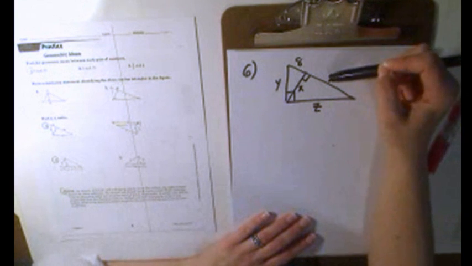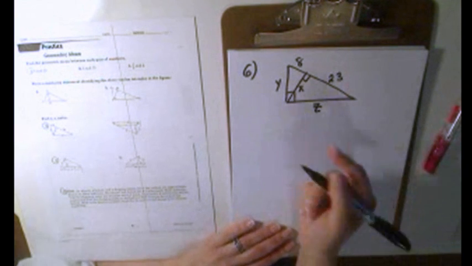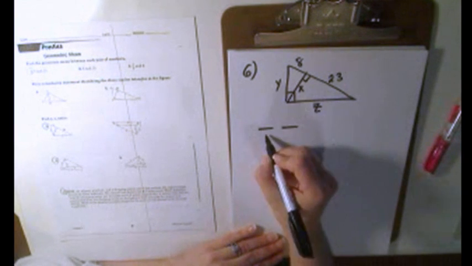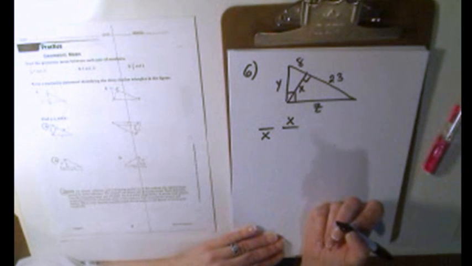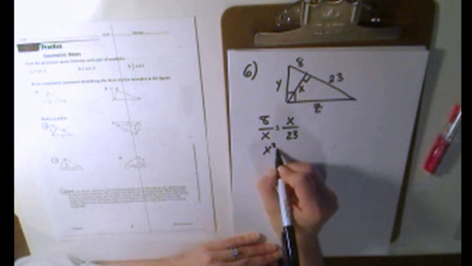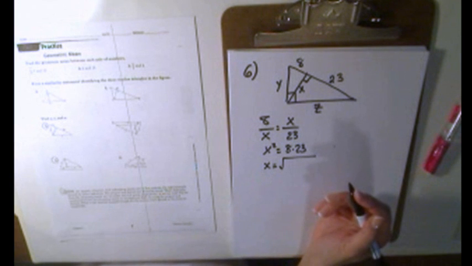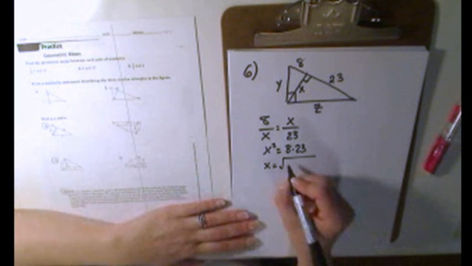I have the two segments of the hypotenuse. I want the altitude, so I'm going to do that first. The altitude is the geometric mean. It goes twice in the proportion between 8 and 23. So x squared equals 8 times 23. 8 times 23 is 184.